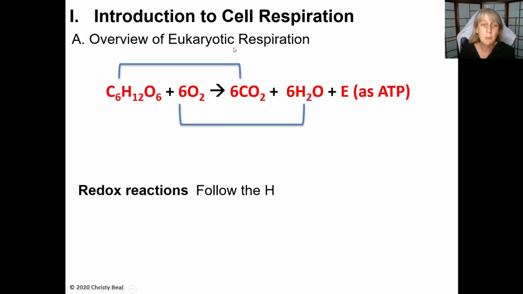If you are having trouble figuring out redox reactions, sometimes it helps to follow the hydrogens. This molecule of sugar, C6H12O6, loses its hydrogen, it loses electrons, and it ends up as just CO2. So, what is oxidized here?